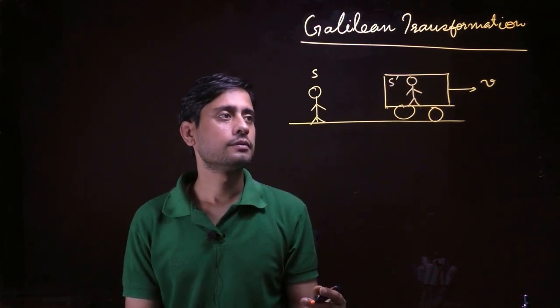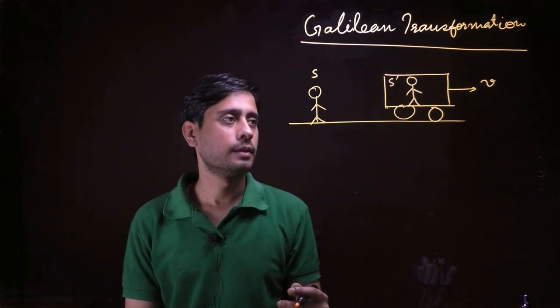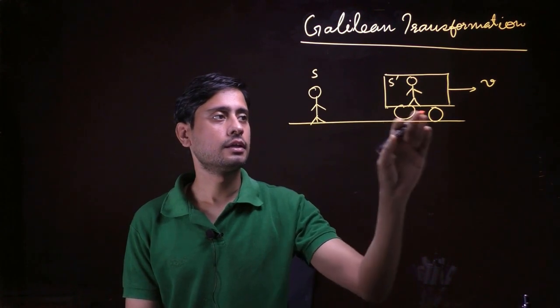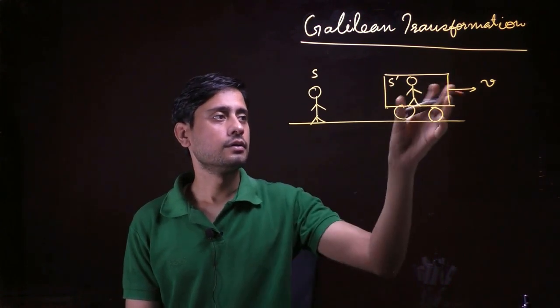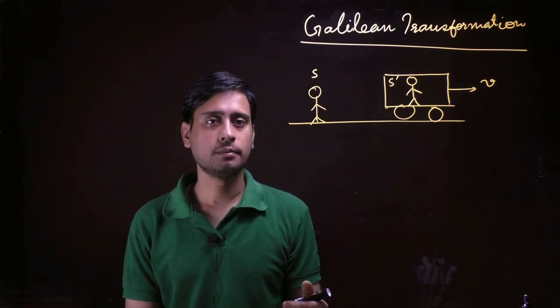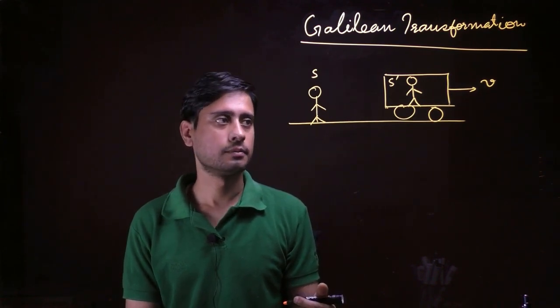We also call them reference frames. One reference frame is the ground and the other reference frame is this vehicle. A moving coordinate system is called a reference frame.